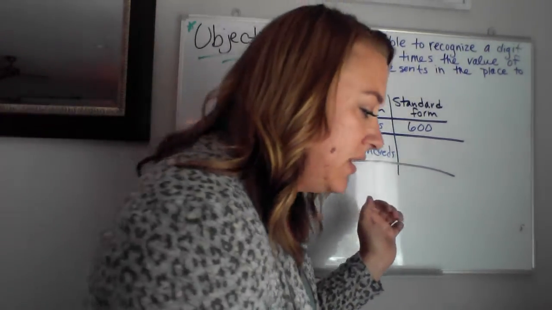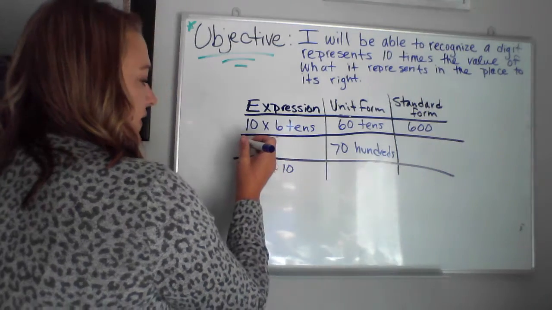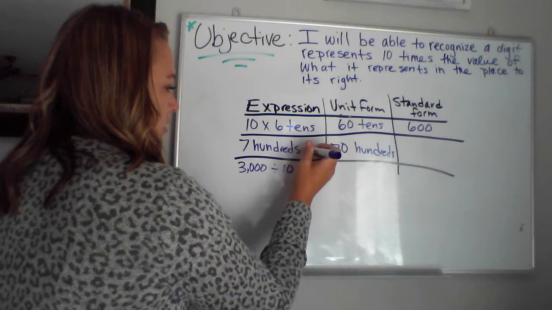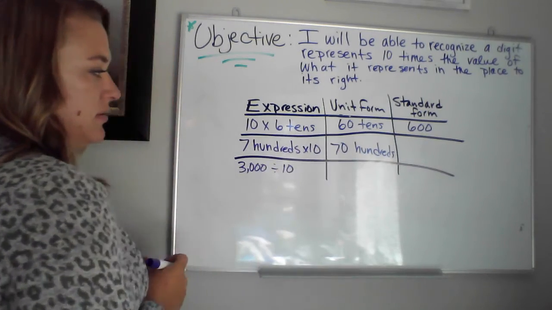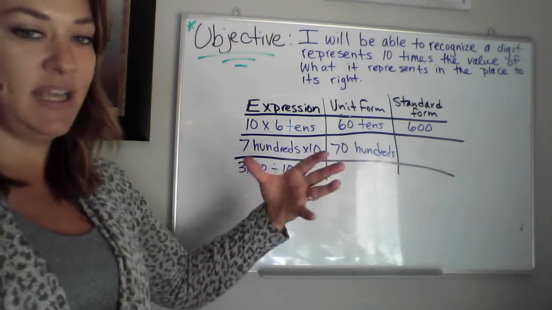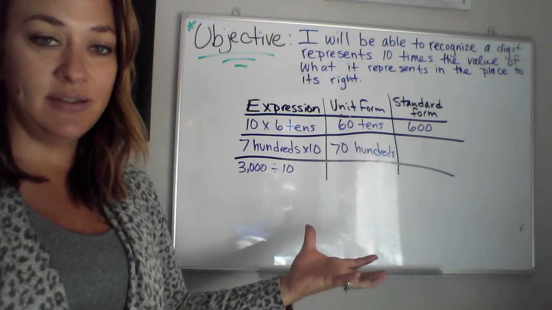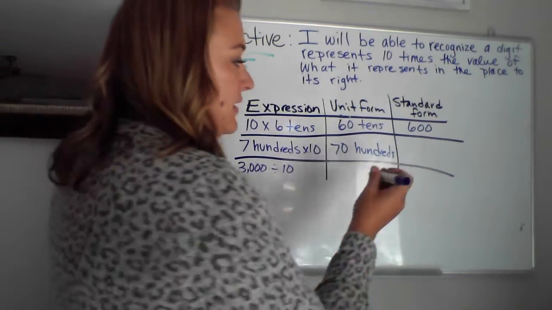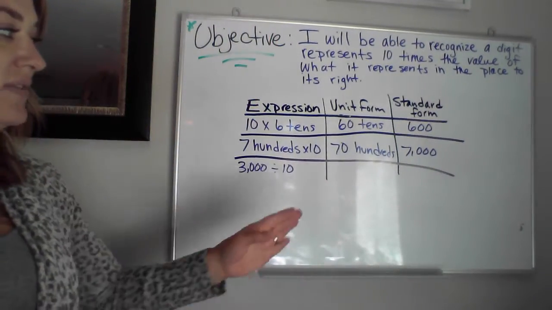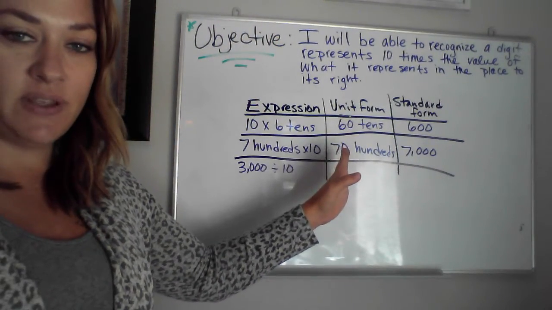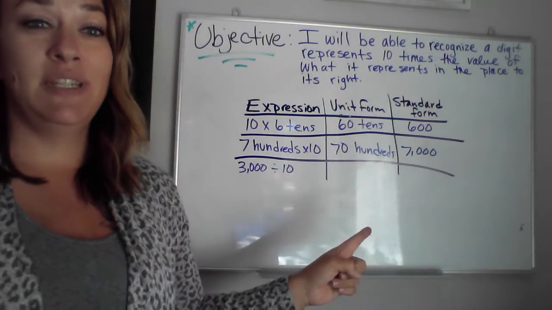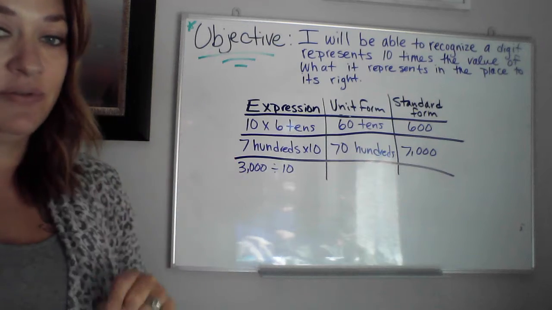So our expression for this one is 7 hundreds multiplied by 10. 7 times 10 gave me 70, so I have 70 hundreds, but again, I don't say 70 hundreds, so we would read that as 7,000. So remember, if I have 70 hundreds, picture that place value chart. I have 7 groups of 10. Each of those groups of 10 are going to be equal to 1,000, okay?